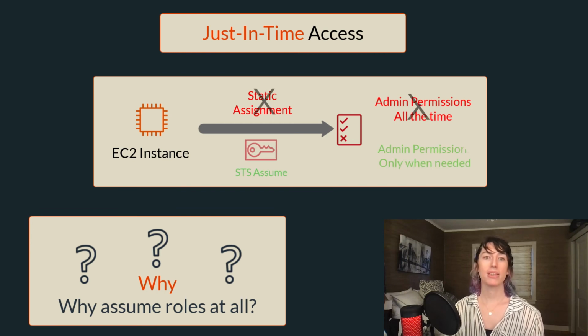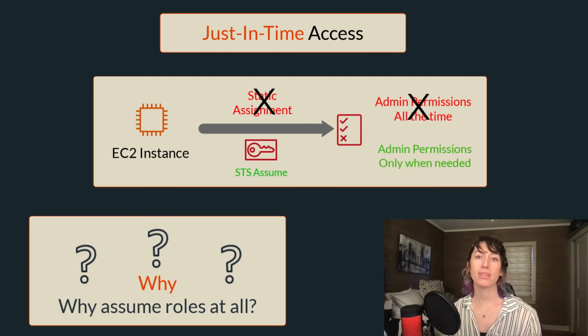A better method is to assign the EC2 instance no rights at all, and tell it to assume a higher permission set using STS only when it needs it, like right before it runs the job. And then when the job is done, it can release those broad permissions. That means those scary broad access rights are only live when they're required and no other time, which sounds way safer to me. I have lots more to share, but I want to keep these videos short.